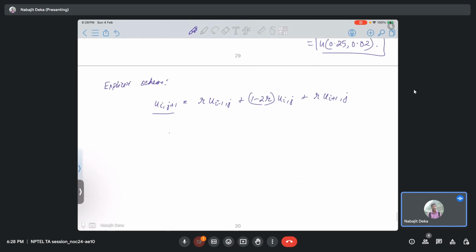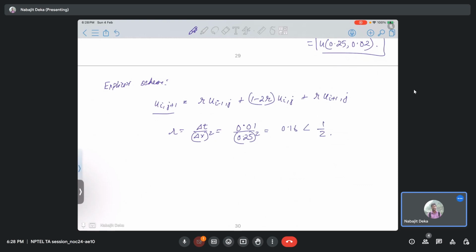What we have for r is r equals delta t by delta x square. So delta t is 0.01, delta x square is 0.25 square, so r is 0.16. And this actually shows us that we can use the explicit scheme because this is less than half, right? So the explicit scheme will be stable here.